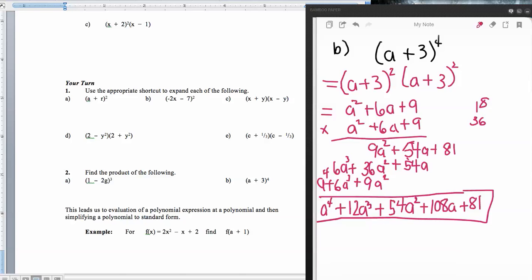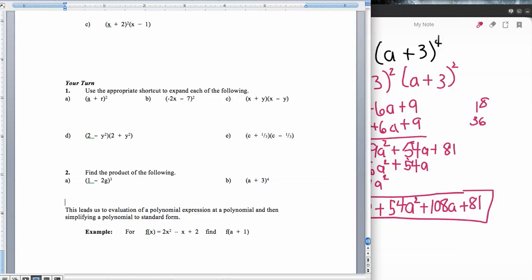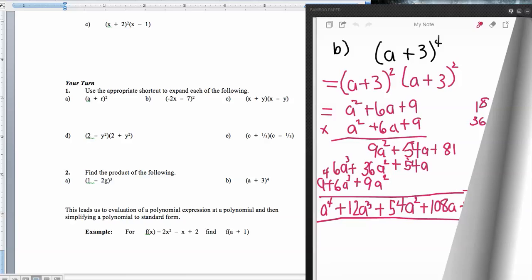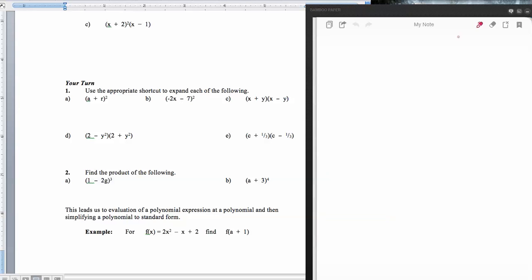And I'm going to actually do this last one as well, even though it's not in our examples that are your turn. So this one uses function notation. And the thing with this last one with the function notation here, we're evaluating, right? So you remember, if I want to find f of a plus 1, for this value, that means everywhere there's an x, I'm going to put in an a plus 1.